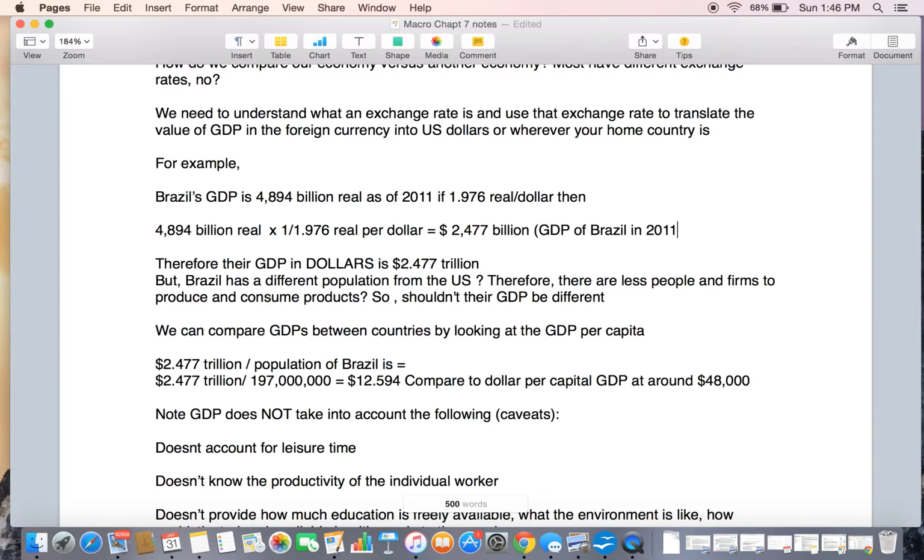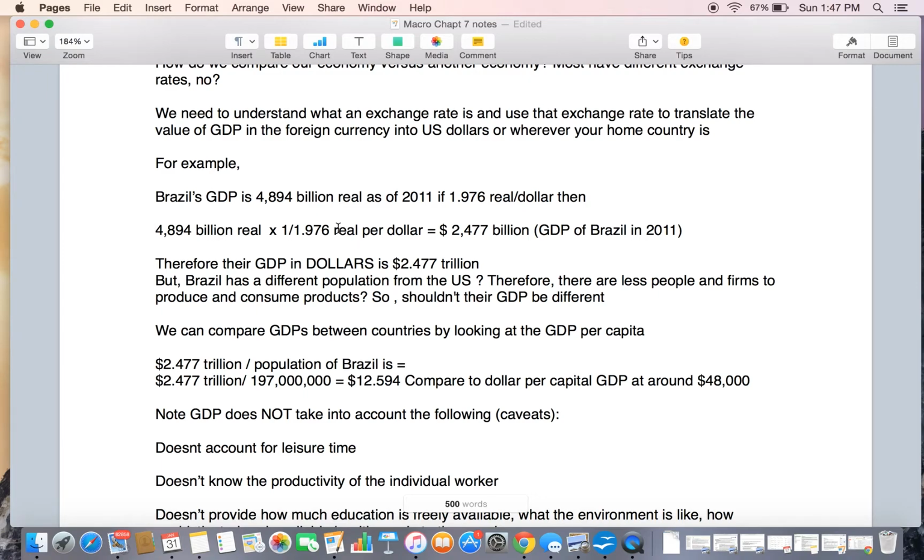And so why did I put 1 over 1.976 real? If we have real per dollar, we're basically just doing cross multiplication. If I had the US's GDP in the numerator times this 1.976 real over dollars, then dollar would cancel out, and I would be left with the US GDP in real. However, we want to look at Brazil's GDP, which is in real, in dollars.